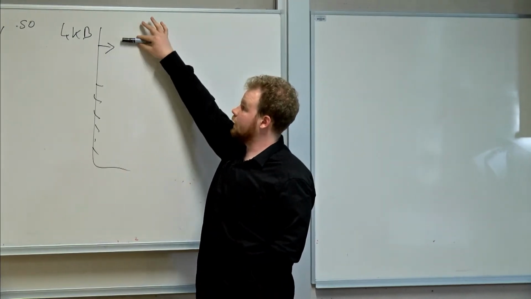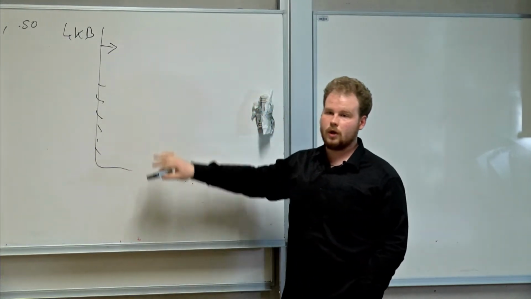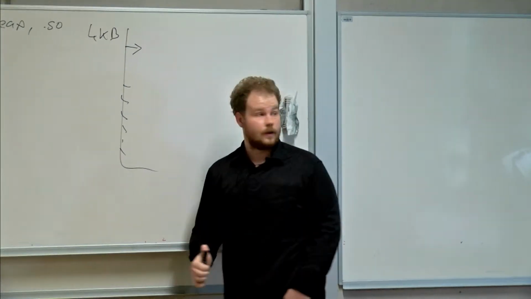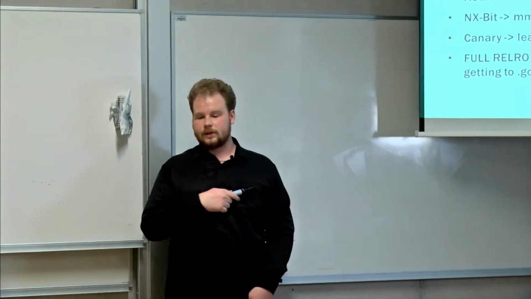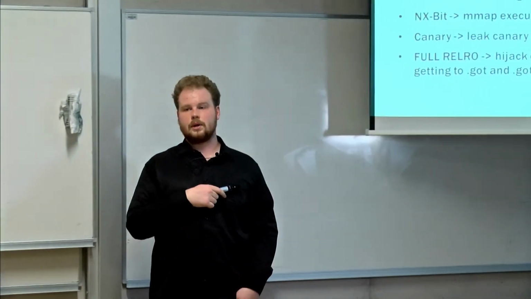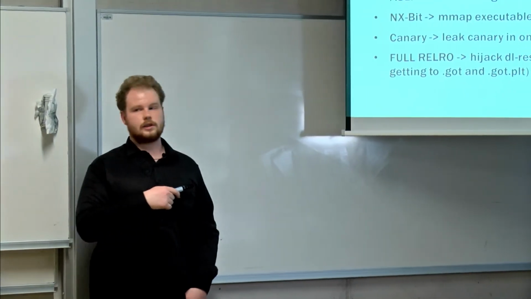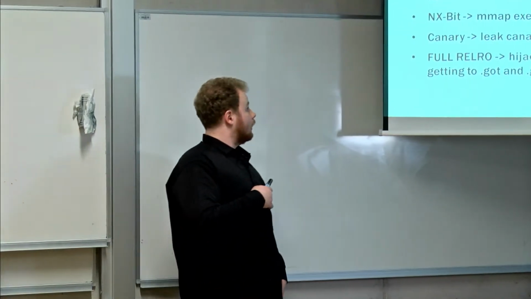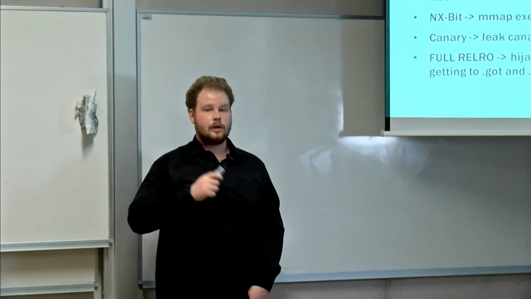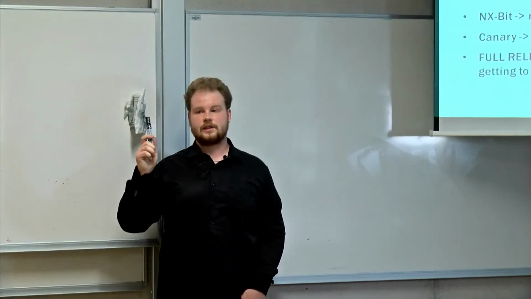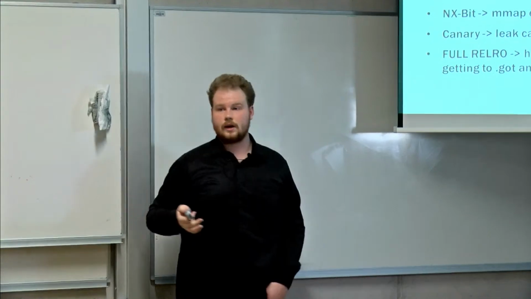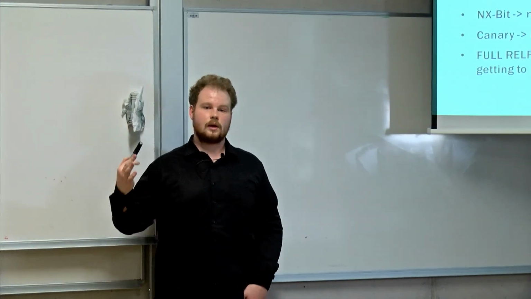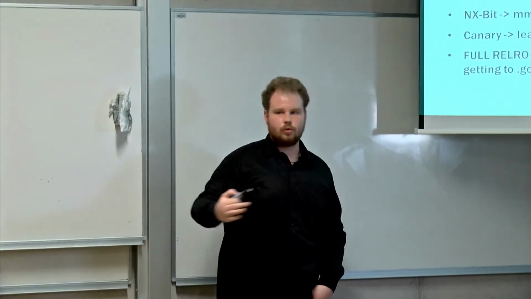And so if we leak one address from one kernel page, we have the whole kernel page mapped out. The NX bit can be bypassed by simply mapping a new memory page that is executable and jumping there. Canary can only be beat if it gets leaked, basically the same as the ASLR. We can leak it in one function and then reuse it in another.